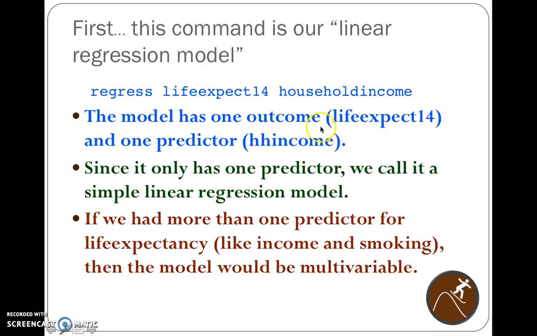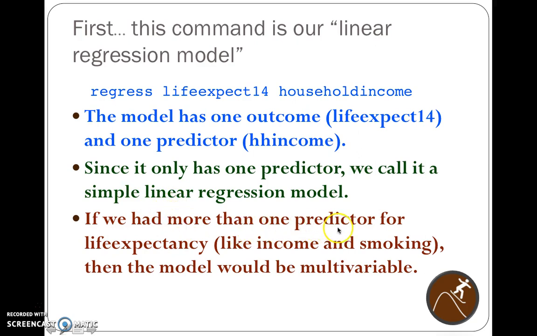So it has one outcome, life expectancy 14 in the case of the one we just did. It has one predictor, which is household income from our previous video and what we'll also cover here in a second. Since it only has one predictor, we'll call this a simple linear regression model. It's not multivariable, it's just simple.